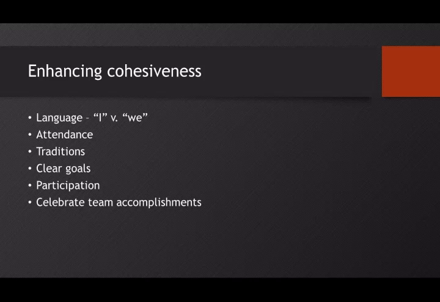Attendance and participation go hand in hand with enhancing cohesiveness. So we know that we need each individual's input in order for the group to operate at an optimum level. If there's a person who is not pulling their weight or not putting in enough input, we know that that can definitely inhibit cohesiveness from occurring.